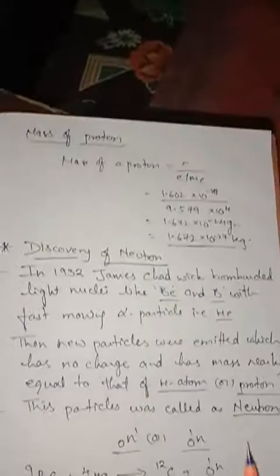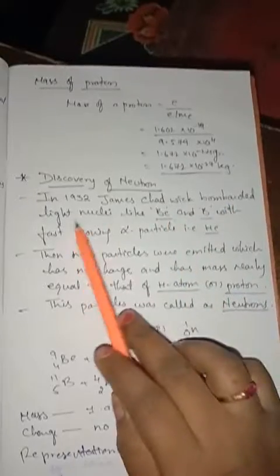Understand, children? Next comes the discovery of the neutron. How was the neutron discovered? In 1932, James Chadwick bombarded light nuclei, meaning he caused a reaction of beryllium with helium, or boron with helium. Look here: in the year 1932, James Chadwick bombarded light nuclei like beryllium and boron with fast moving alpha particles. Here the alpha particle is helium.